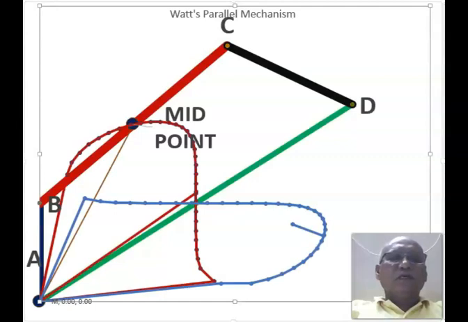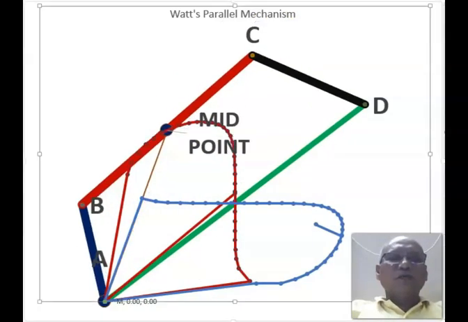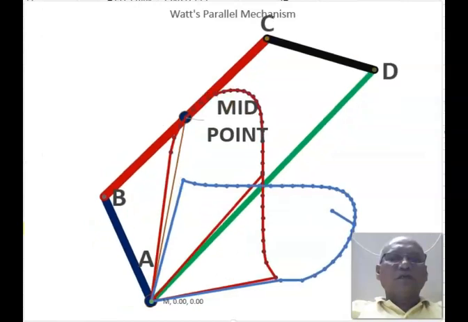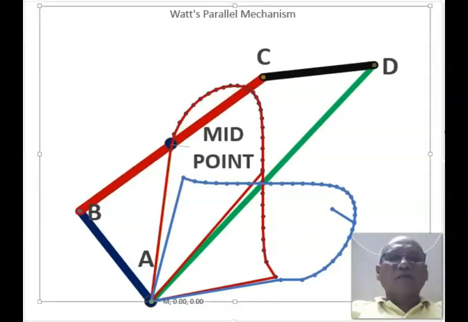So this is the mechanism, and you can see that the red color is the coupler, and its midpoint is the blue point. When we move it, you can see how it is following this graph.